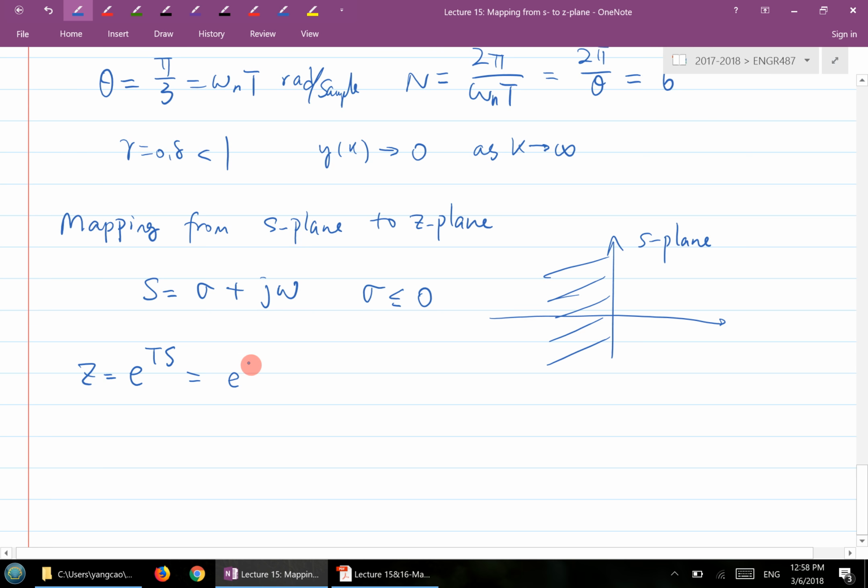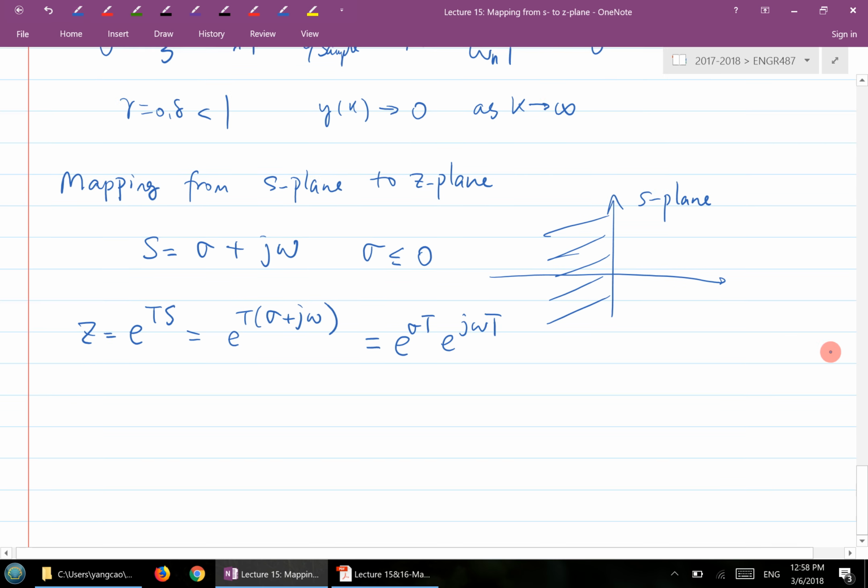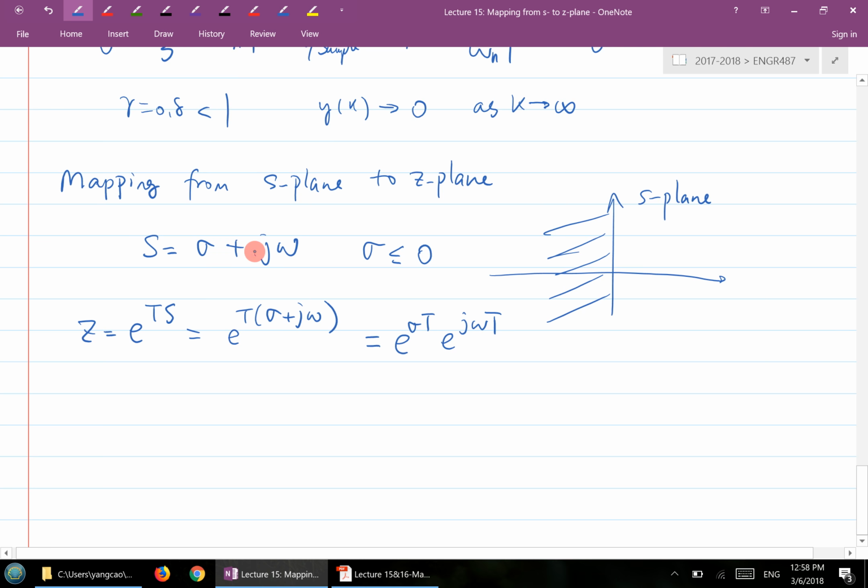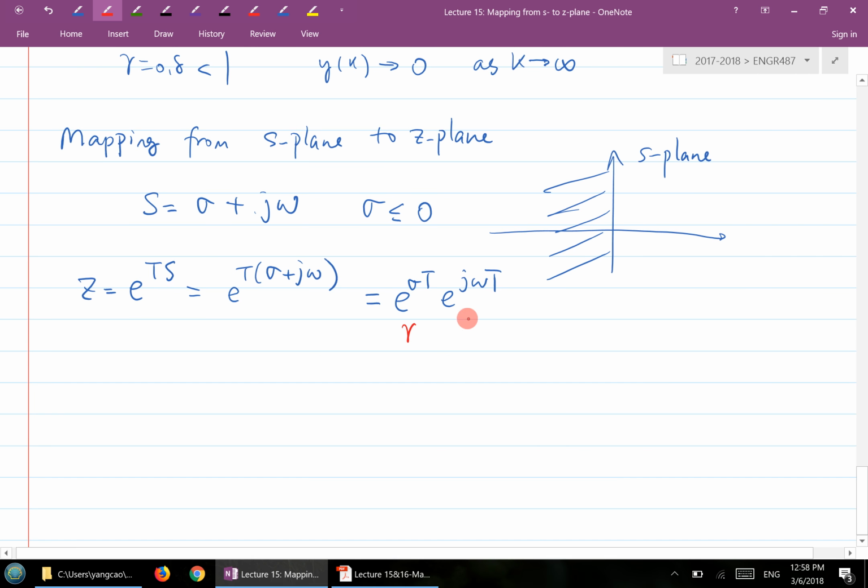We substitute the s into this equation, so e to the power of T times sigma plus j omega, and using simple algebra, you get e to the power sigma T and e to the power j omega T. So this pole is mapped into the Z plane, and this is your modulus here, and this is your argument. That's the complex pole in the Z plane.